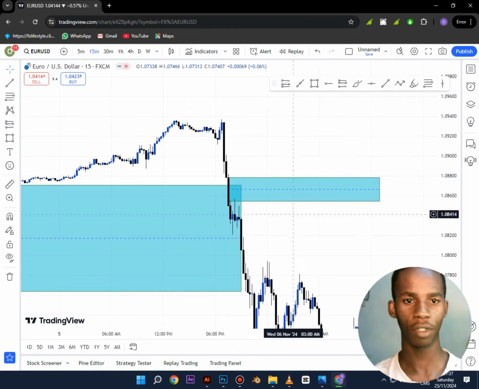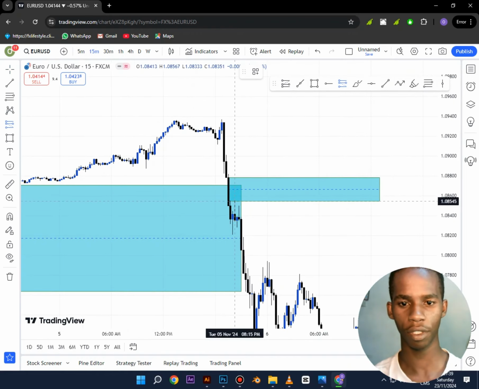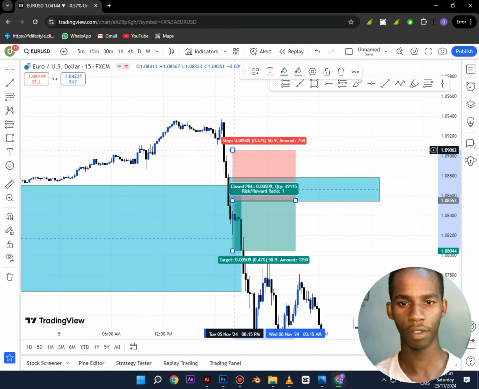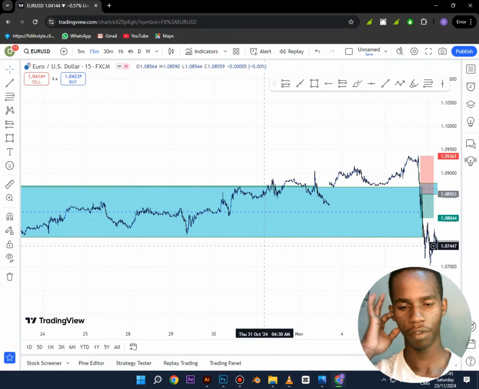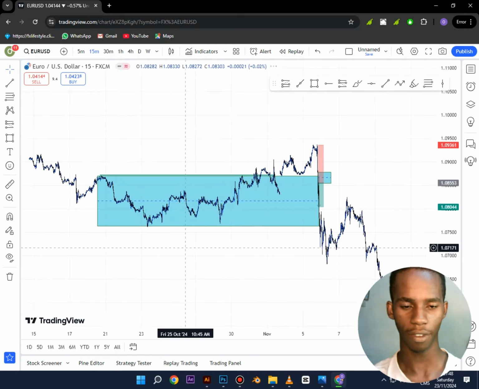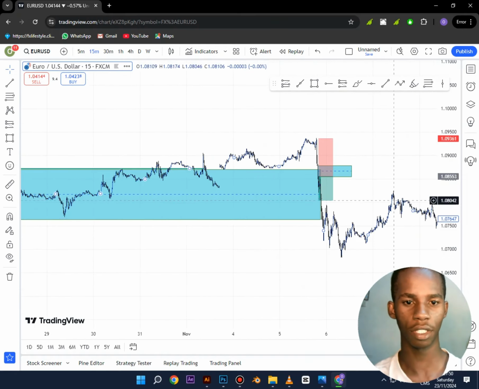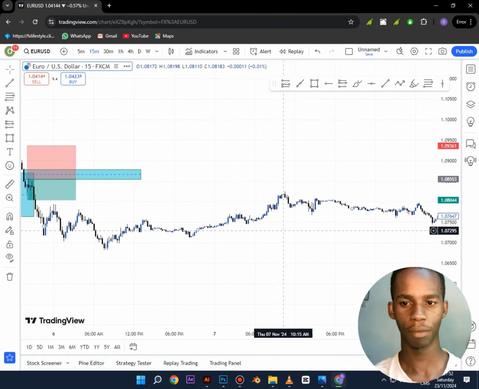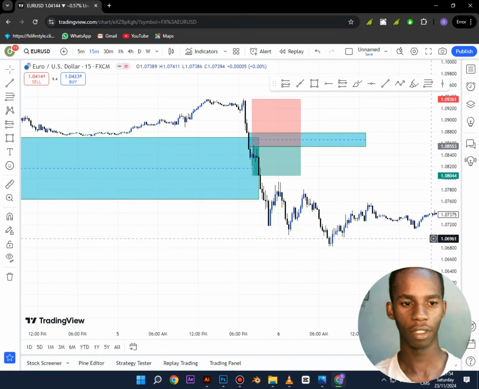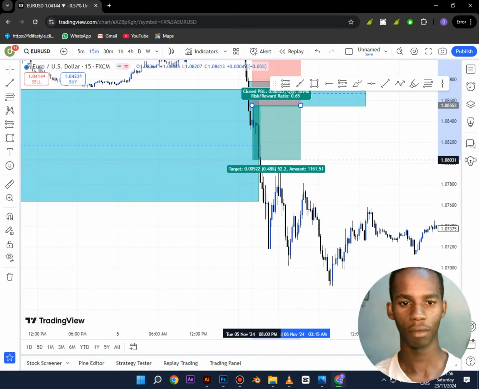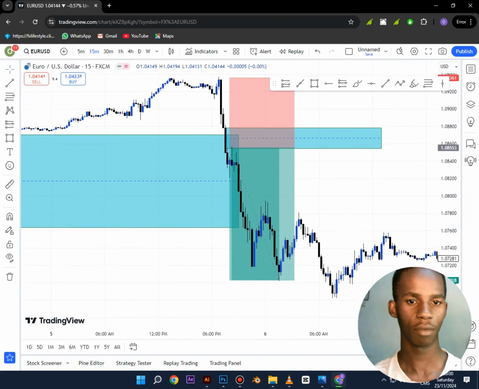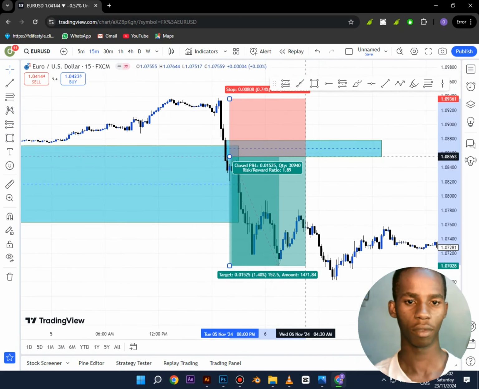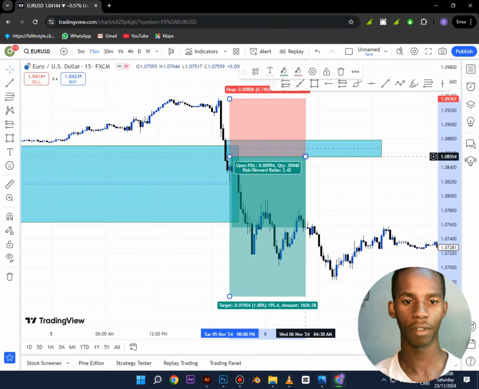So I went short. I can go short from here on this fair value gap. Then I look for areas of liquidity. Unfortunately there's no, but maybe I can take this. This would be enough. A very good delivery downwards.